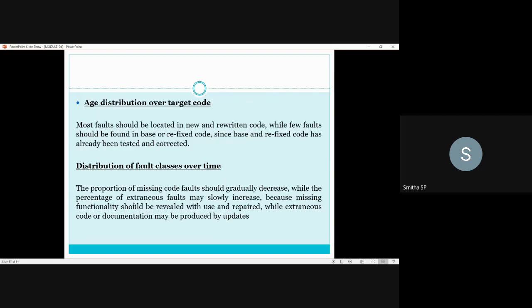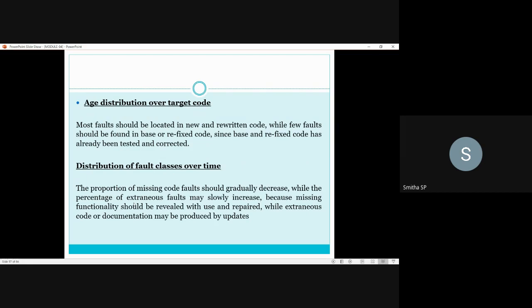Next is age distribution over target code. Most faults should be located in new and rewritten code, while few faults should be found in base or refixed code, since base and refixed code has already been tested and corrected. Know that most of the faults will be located in the new code or the rewritten code.